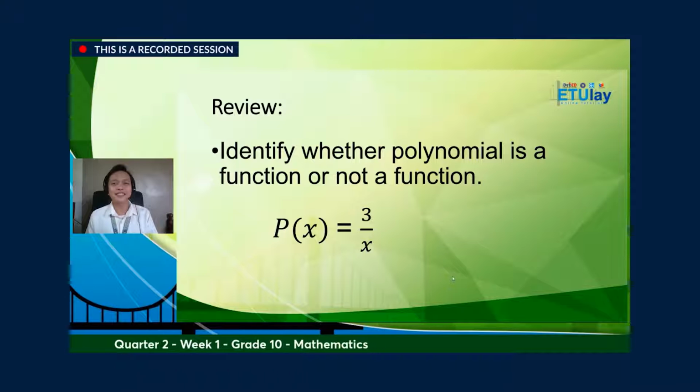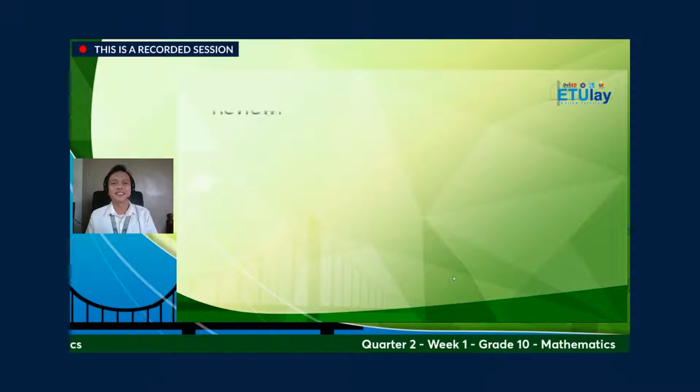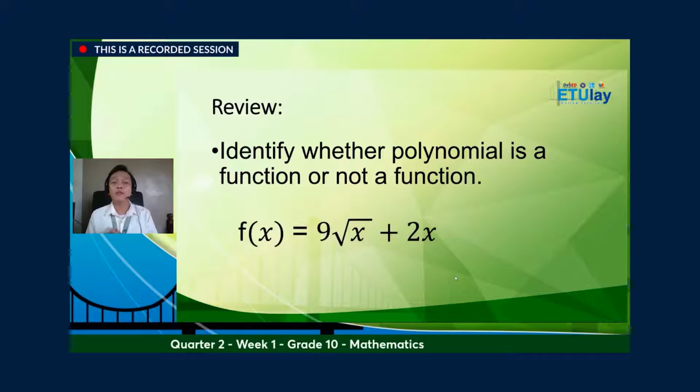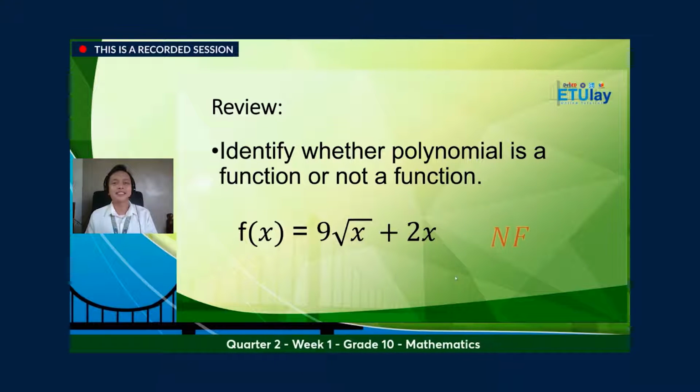The answer is NF, not a function. Given number 4, f of x is equal to 9 square root of x plus 2x. Is this a function or not a function? The answer is NF, not a function.